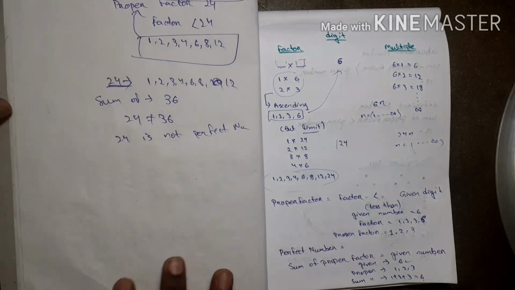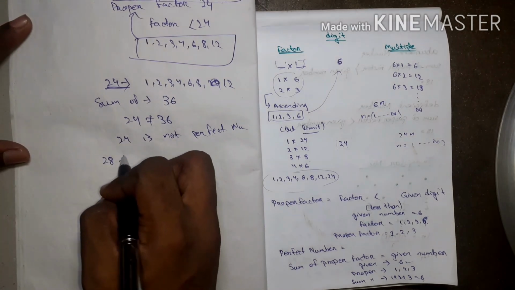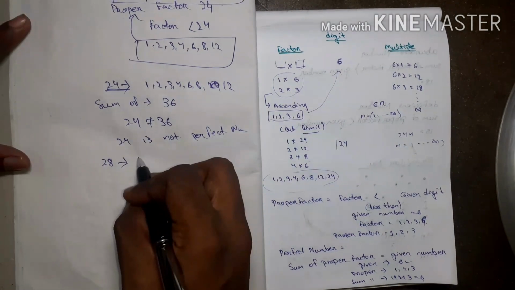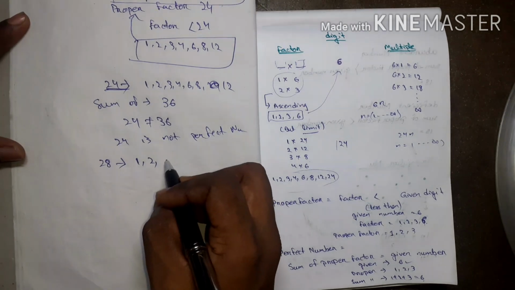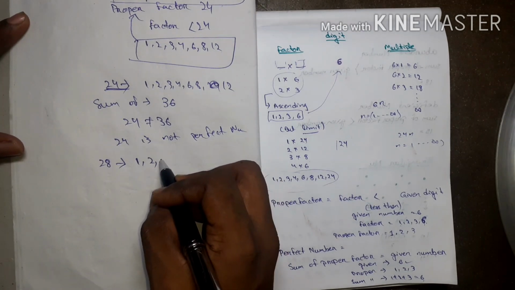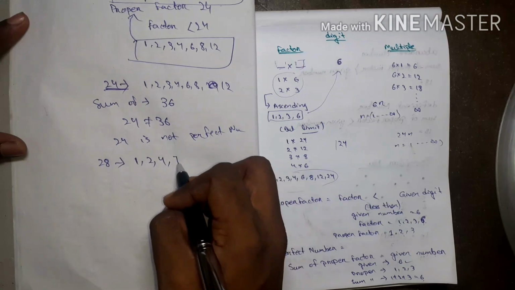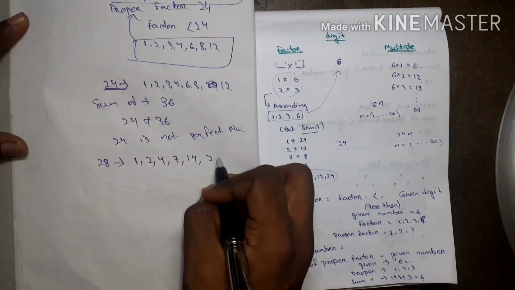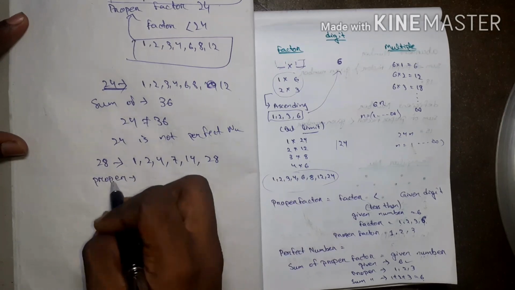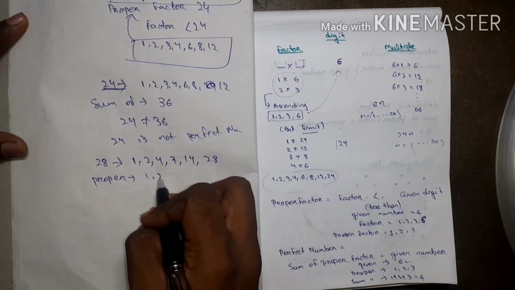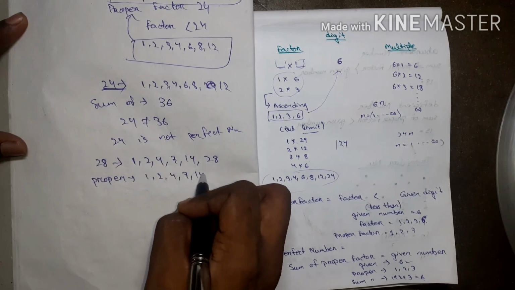Then go for another example, 28. What are the proper factors of 28? The factors are 1, 2, 4, 7, 14, 28. Proper factors means less than 28: 1, 2, 4, 7, 14.